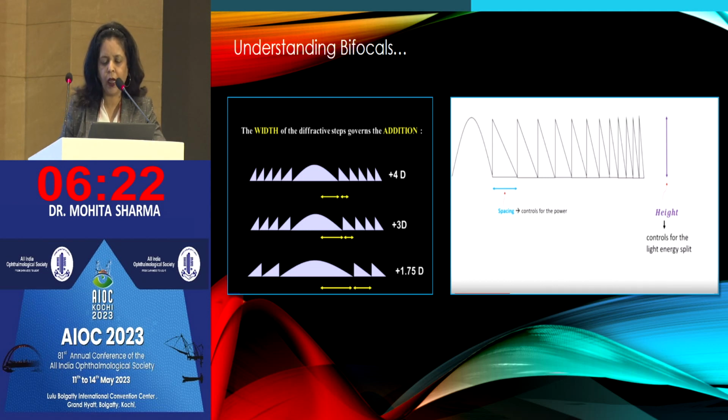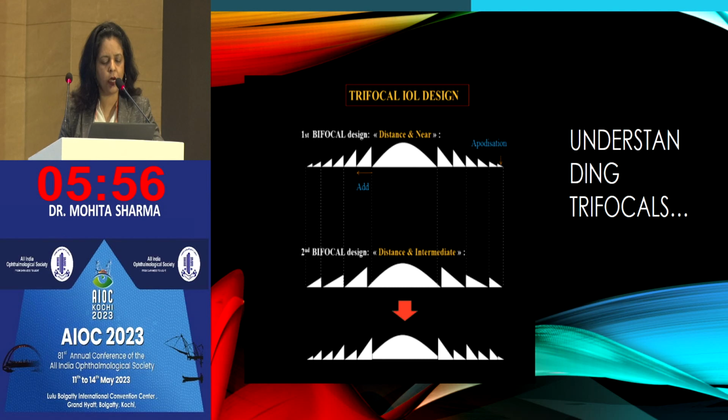The step height controls how the light energy is split, and the step width controls the power of the lens. If we increase the step width, then we decrease the power, and it starts working for intermediate vision. And if we decrease the step width, then this starts working for the near vision. And when we combine the two together, that's what our trifocal lenses are.